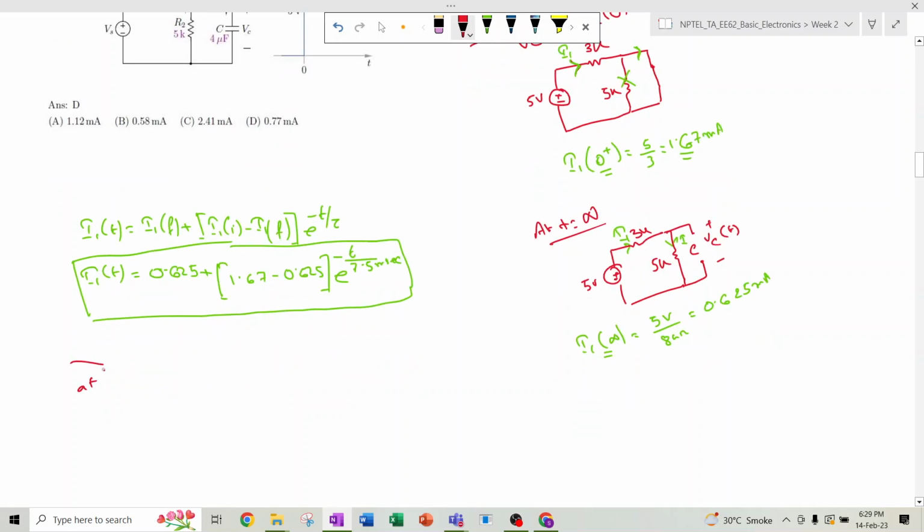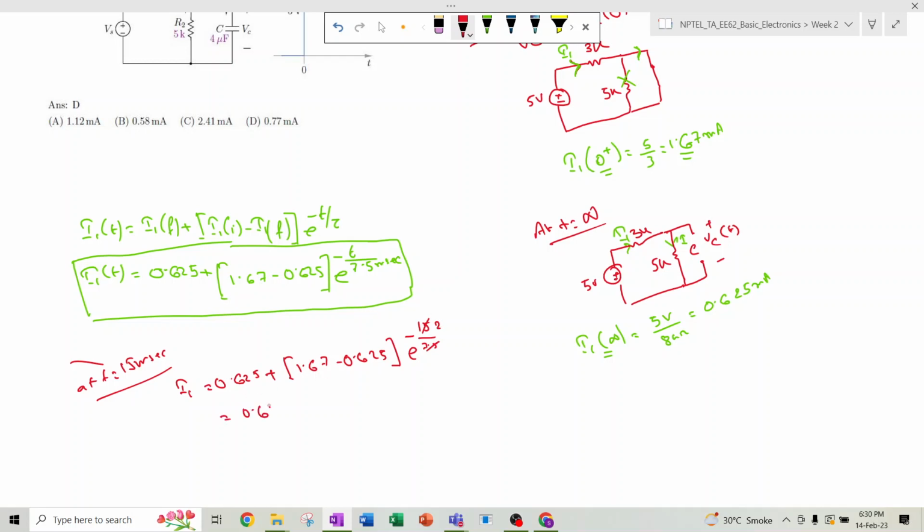So at t equal to 15 millisecond, from this equation I1 is equal to 0.625 plus 1.67 minus 0.625 into e to the power minus 15 millisecond divided by 7.5. So that cancels out, that is 2.